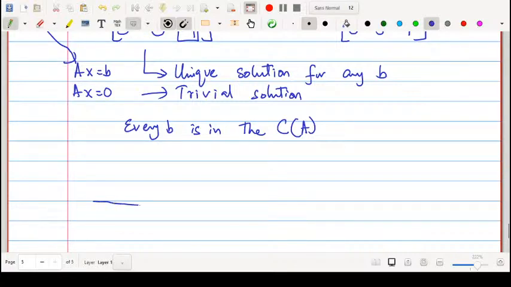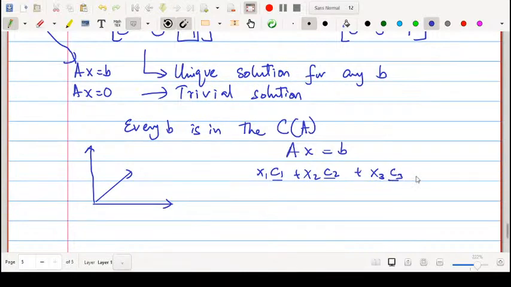Okay, so if I'm in 3 dimensions, and if I can solve AX equals B for any B, remember the column picture. The column picture said that AX equals B is actually x1 c1 plus x2 c2 plus x3 c3 equals B. That is, we're looking for these scalars such that when we add these together, you get B.